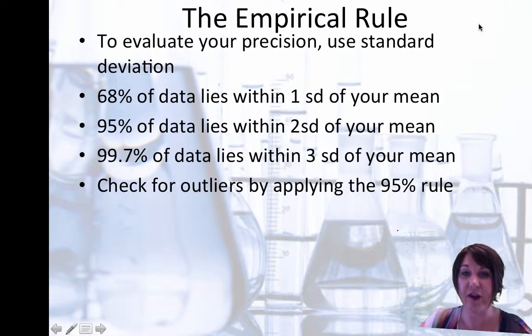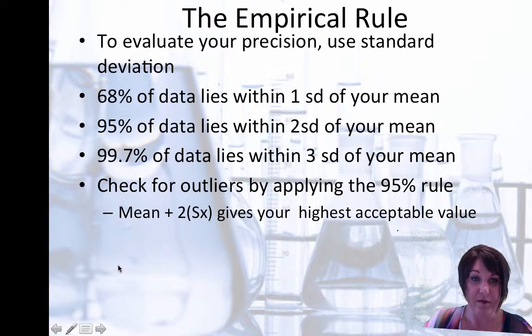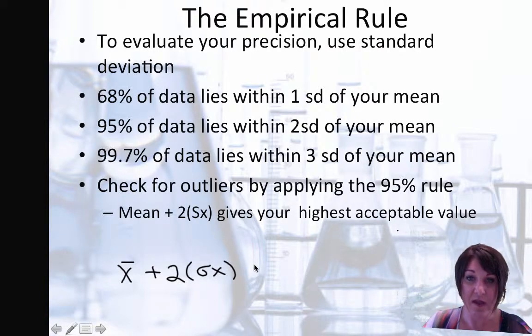So we're going to check for outliers by applying the 95% rule. We take the mean, x bar, and we add 2 times the standard deviation. And in our sample, we get to use sigma x because we had 10 samples. And then we add, and that will give us our highest acceptable value.